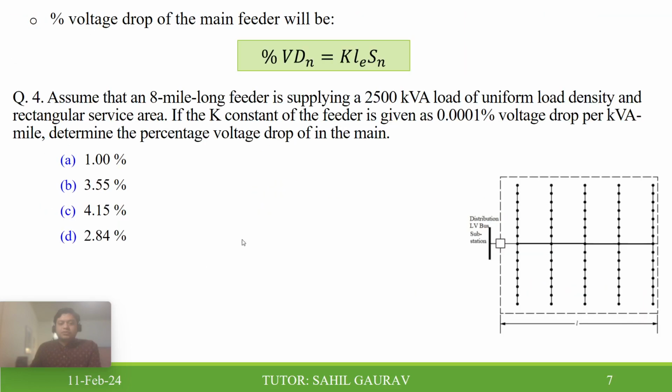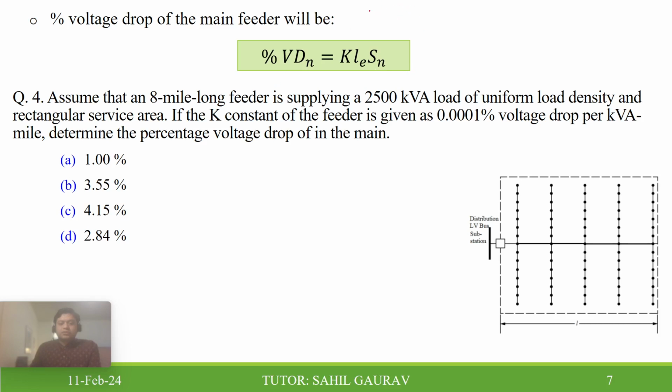Now let us come to the next problem. The generalized form of the percentage voltage drop of the main feeder you can write in this form. Percentage voltage drop, n representing the number of feeders, and K is the percentage voltage drop per kVA kilometer of the feeder, and L is the effective length of feeder, and Sn is the kVA load served by one of the feeders.